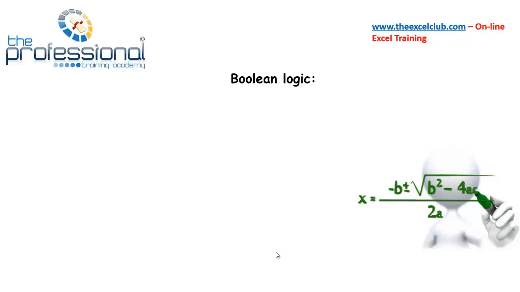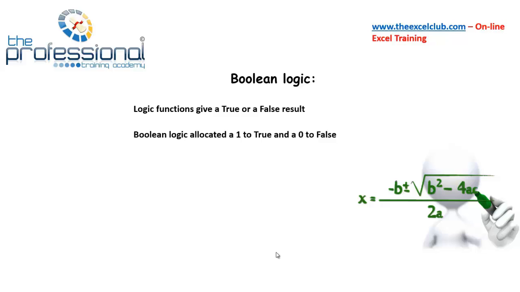So Boolean logic is in reference to logical functions, and we know that a logical function gives a true or false result. Boolean logic allocates a 1 to a true and a 0 to a false, allowing you to put these 1s and 0s into other formulas and other calculations.